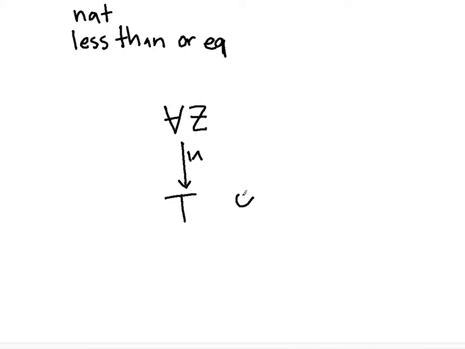It would have to be infinity if it existed at all, as infinity is the only thing that every number is less than or equal to. So again, this category has no terminal object.